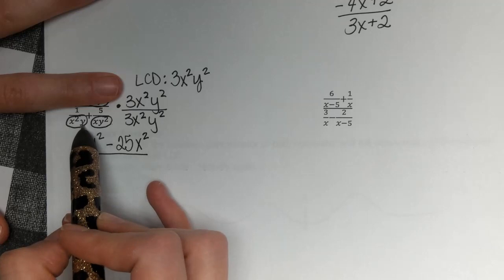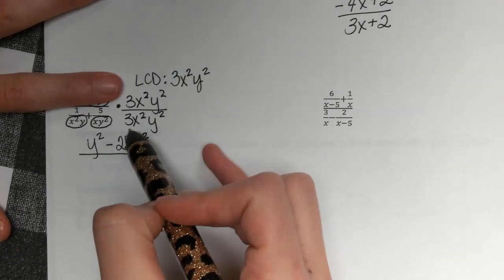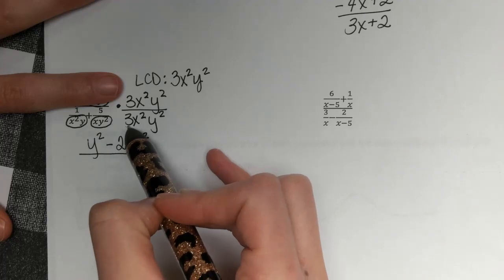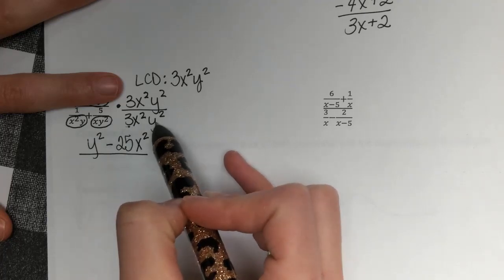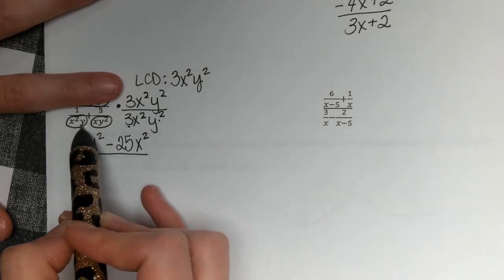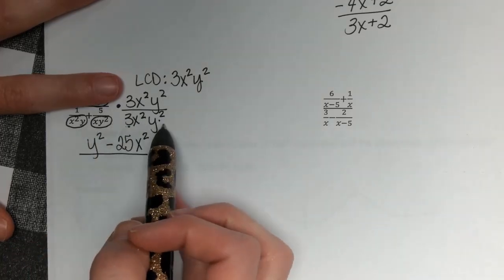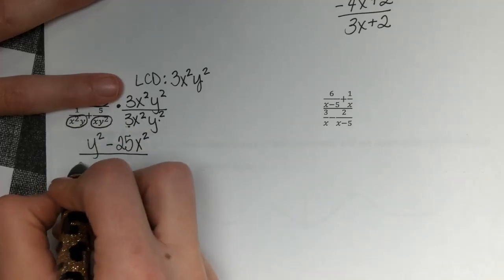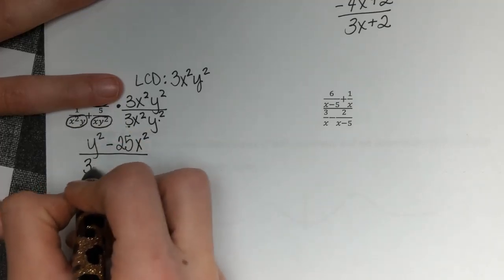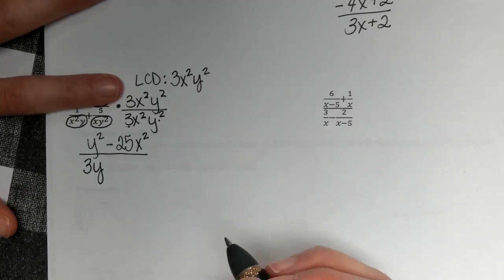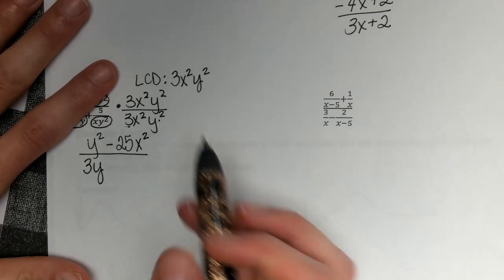Okay, x squared y. Look at your LCD. What am I missing? The 3 and the y squared. I have one y. I need one more, right? To get y squared. So I'm going to take that 1 and I multiply it by 3. So it's going to be 3y. Alright?